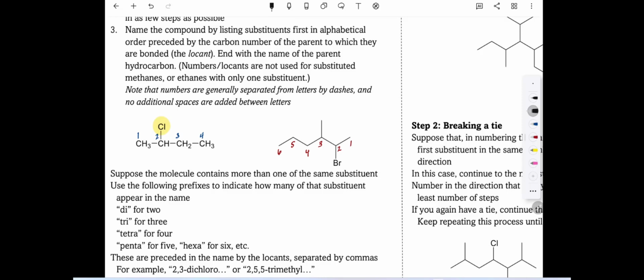So we only have the one substituent. It is the chloro atom on carbon number 2. So we'll write its name as 2-chloro. And then we put in the name of the parent hydrocarbon, which is butane. Notice that we don't put any spaces here, so we just go right into butane.